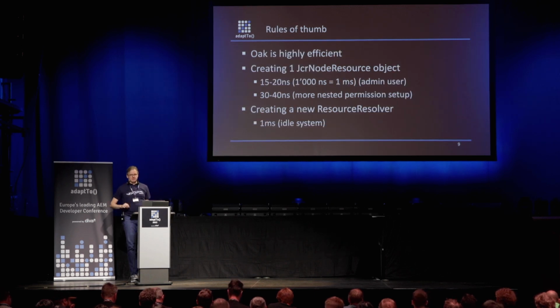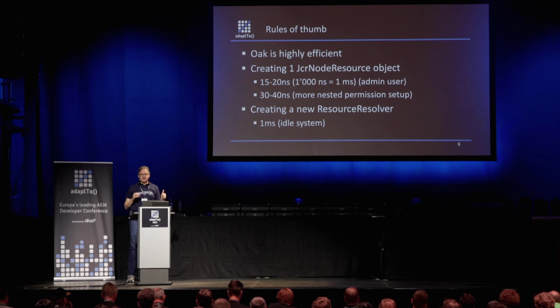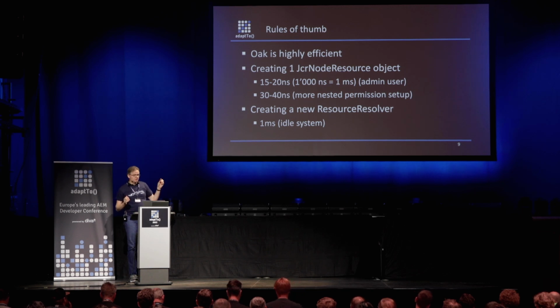So, a few rules of thumb. Whenever you do thread dumps and you see code operating somewhere in Oak, it's very easy to blame Oak. But as we learned, it's not the individual access which is slow, but the problem is the sheer number of accesses. Nevertheless, a few rules of thumb. Creating a node, that means accessing a Sling resource, takes 15 to 20 microseconds.